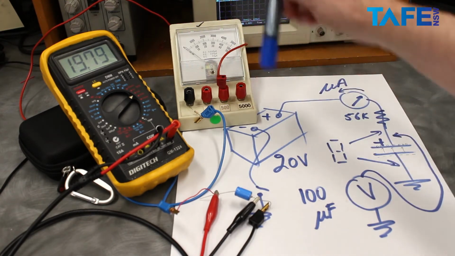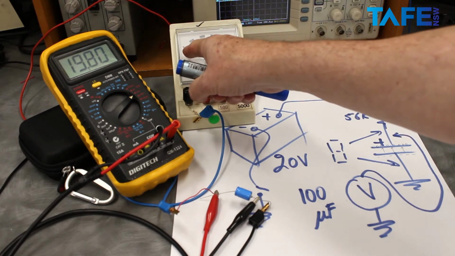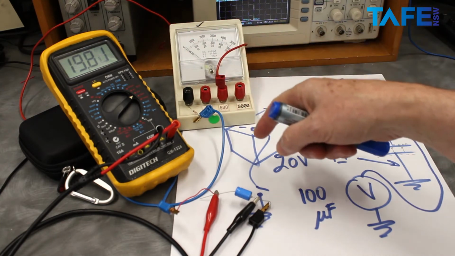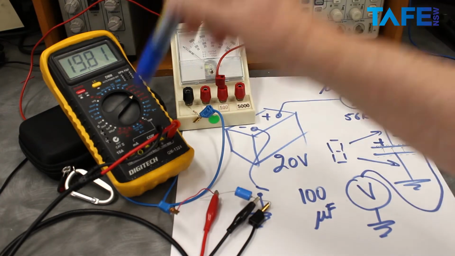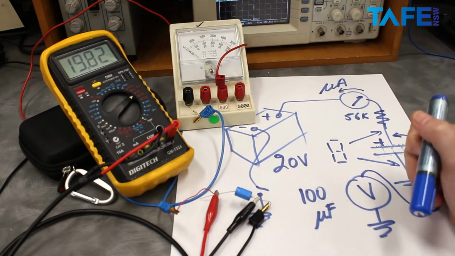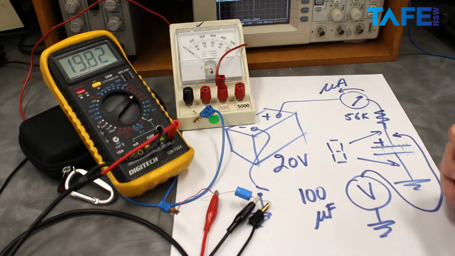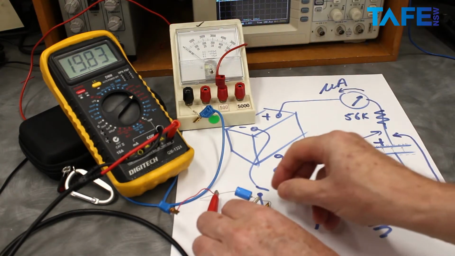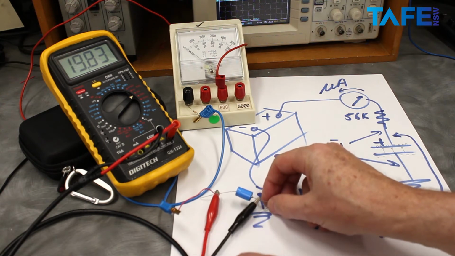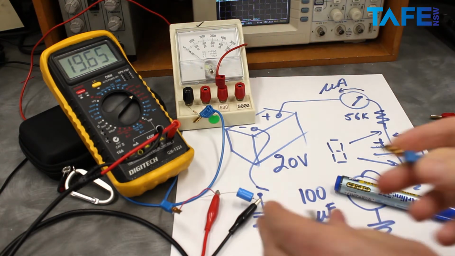This is, after all, a 500 microamp meter, so we're probably always going to have around about a microamp or something of current flowing down through that 10 million and 56,000 ohms of resistance. But that worked out pretty well, 19.8 volts, and it came down over a certain amount of time. I'm going to disconnect my current, and I'll get a piece of wire and short circuit that. So we'll do that again.